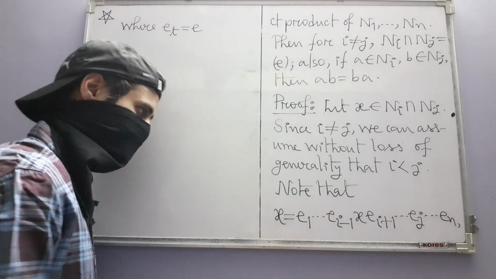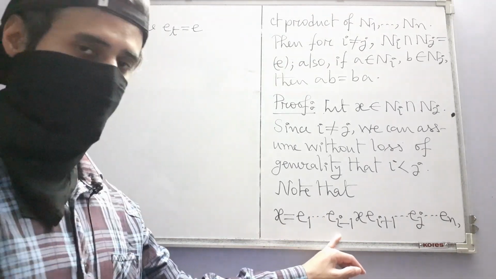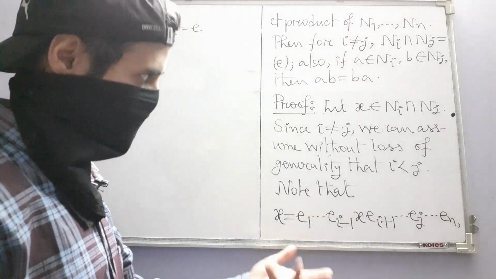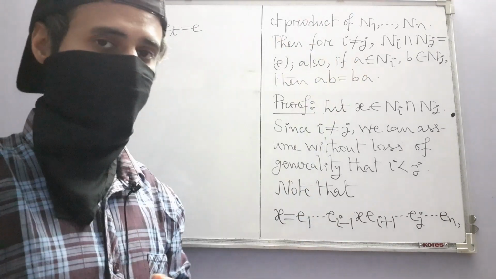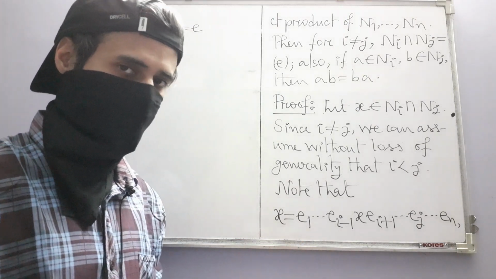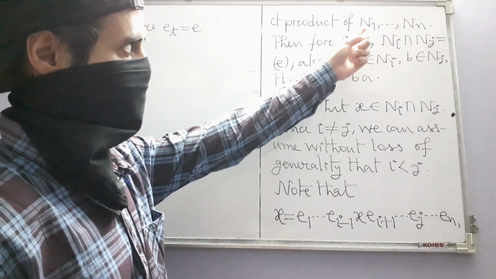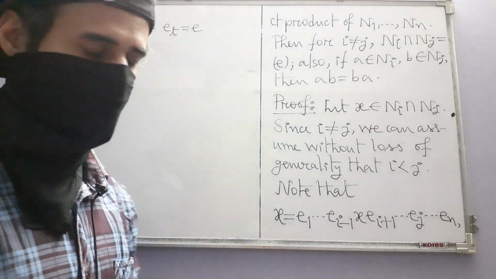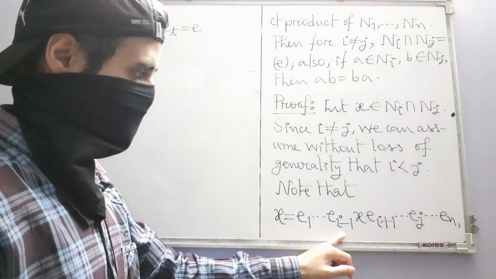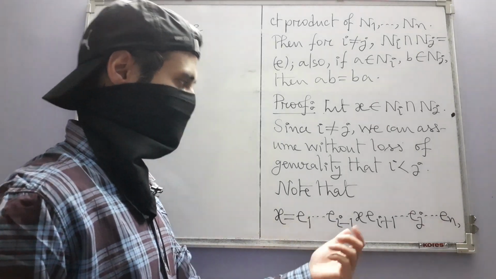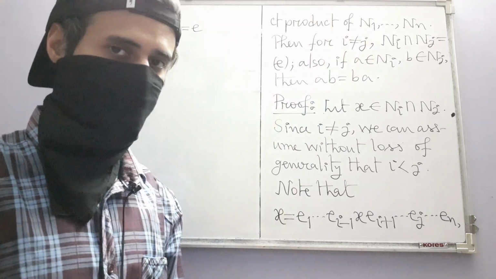However, we are writing them with suffixes. That's because we want to treat these as identity elements in the Ni's. For example, e1, although it's simply e, is the identity element in N1. The next one, e2, is the identity element in N2. We are using the suffixes so that we can show how we have written x as a product of elements of these N's.